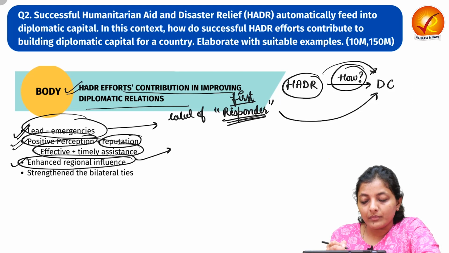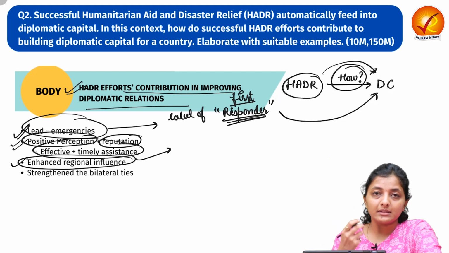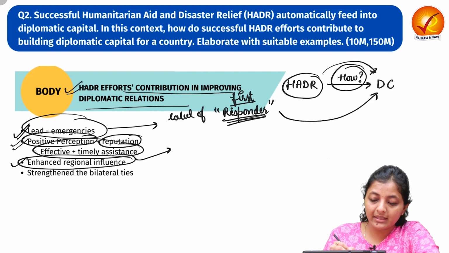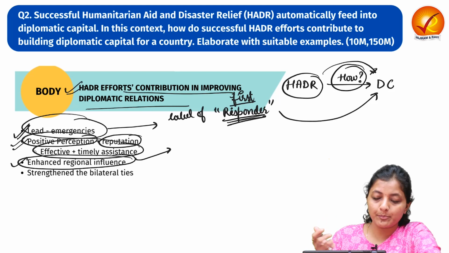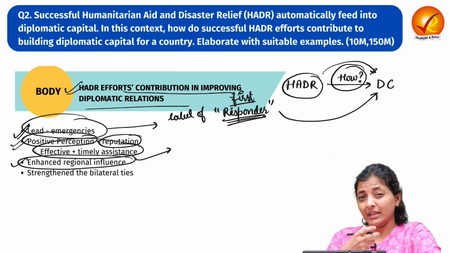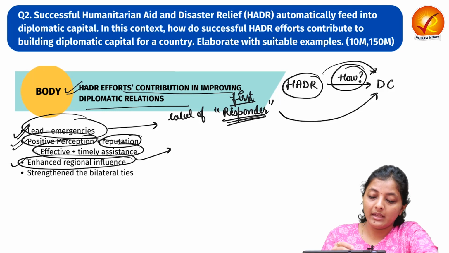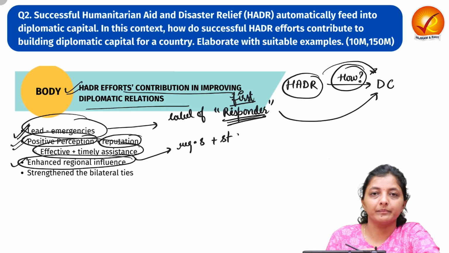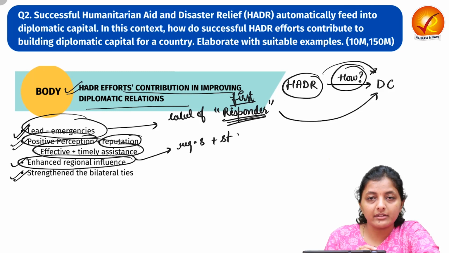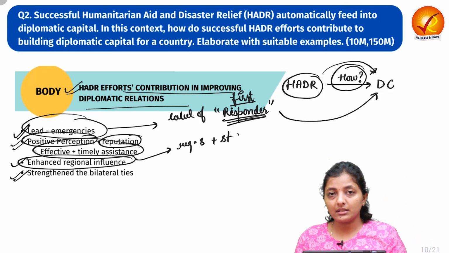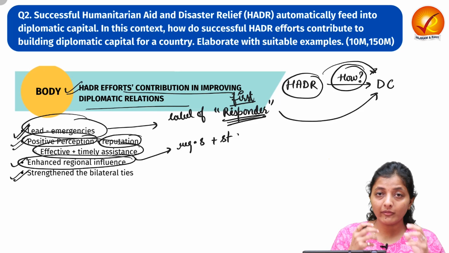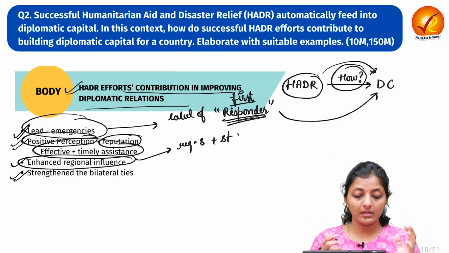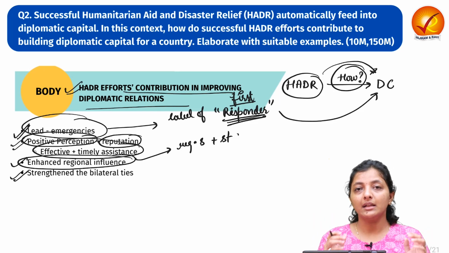By exhibiting this leadership role, any country can stand up in support of another country, which means it is creating regional influence in maintaining regional security and regional stability. And when any country supports in tough or difficult times, obviously after some time, the bilateral ties also get strengthened.